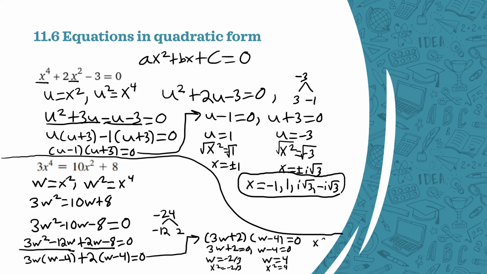So x squared equals negative 2/3, and x squared equals 4. Take the square root of both sides, and x equals plus or minus i radical 6 over 3. And here, take the square root of both sides. x is going to equal plus or minus 2.